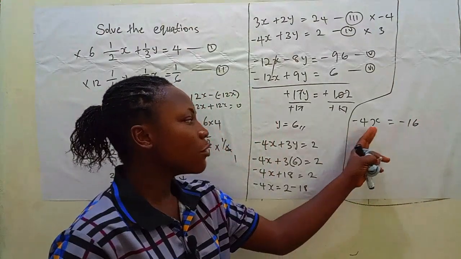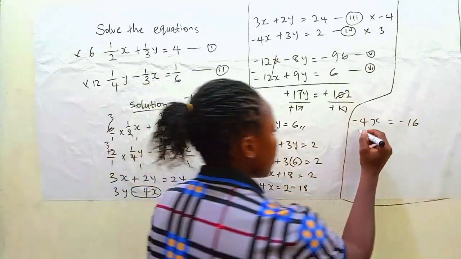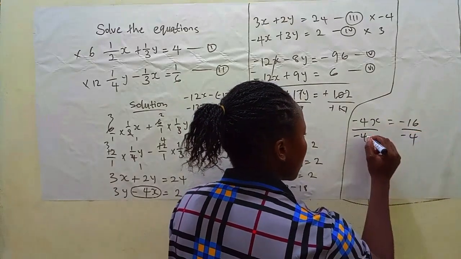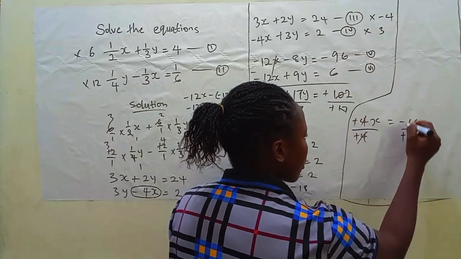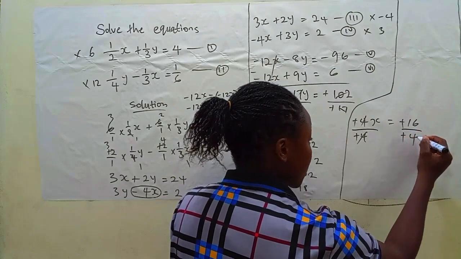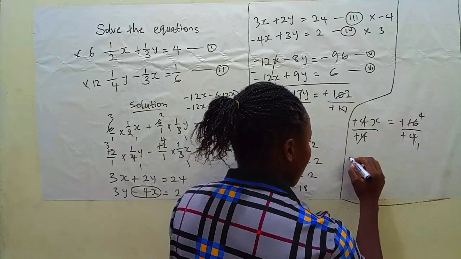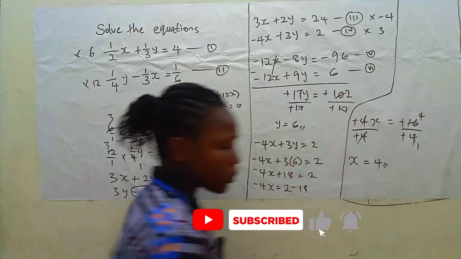So we are dividing both sides by minus 4. Minus 4 cancels minus 4, minus cancels minus is positive, 4 here 1, 4 here is 4. So the value of our x is equal to 4.